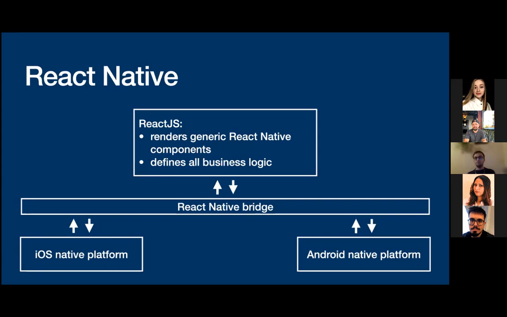And when you use native platforms, you need to have a separate team that is developing the iOS application. You need to have a separate team that develops the Android application. So it takes twice as much time. Do you understand? Absolutely. That is a perfectly correct understanding. So another advantage of React Native. Yes.